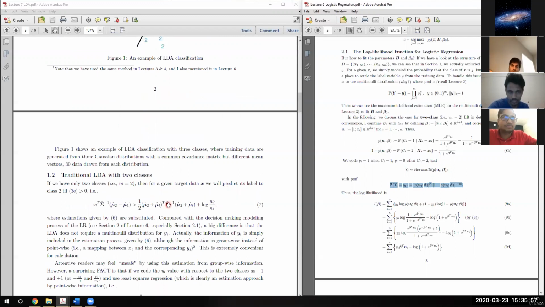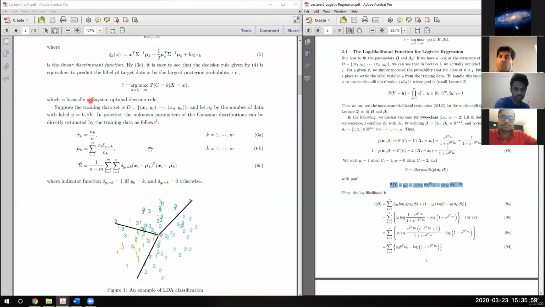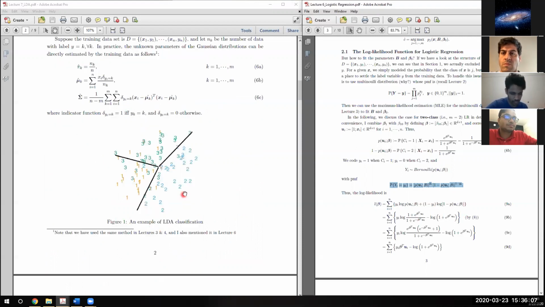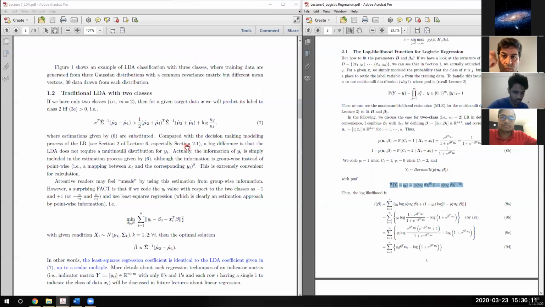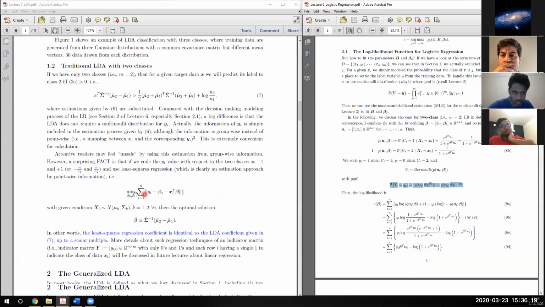How can I trust it? That we use this kind of group information to estimate the whole thing, train on the whole training data, and then make a prediction. No worry. Actually, even if we use the least square, this kind of point-wise information, it's going to be something very similar. Let's have a look at here.